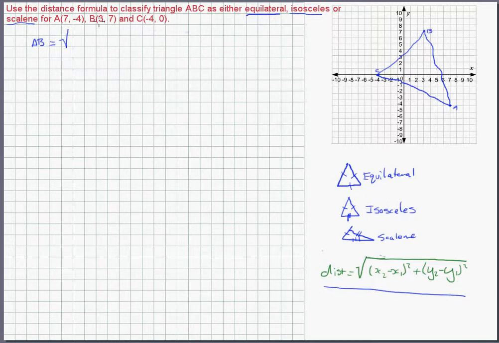So here we have the square root, and we begin with B, which is our second point, and the difference of the x coordinates, so is 3 minus 7, and that's squared, plus the difference in the y coordinates, which is 7 minus -4.